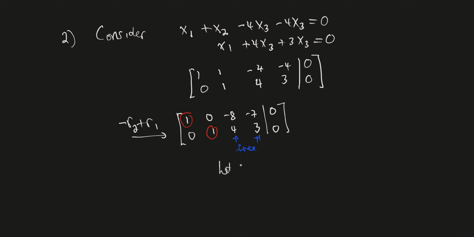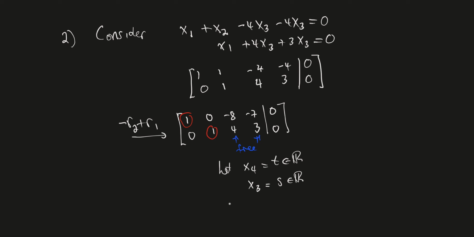So let's do this. Let x4 be equal to t, any real number, and then x3, let's say that's equal to s, any real number, right? So if we have 2 free variables, then let's solve for the remaining 2 variables in terms of our free variables.